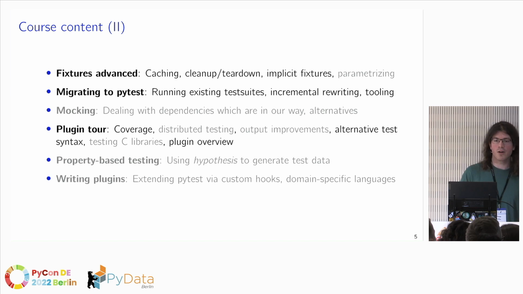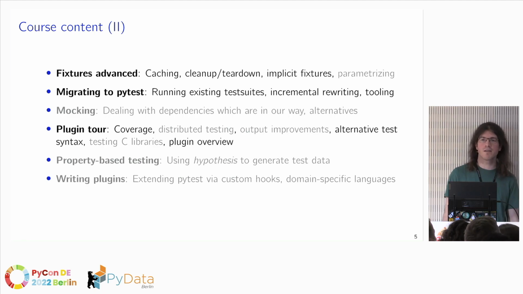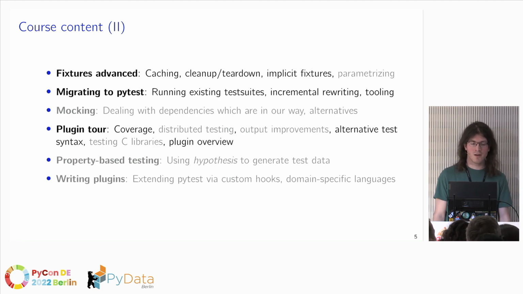Then in the second part, we will talk about more advanced fixture features. I have a couple of slides about migrating to PyTest, though from what I've seen, most of you already use PyTest, so you might want to skip those.